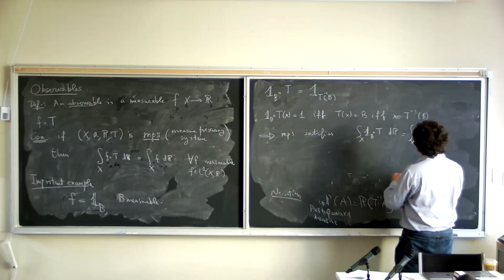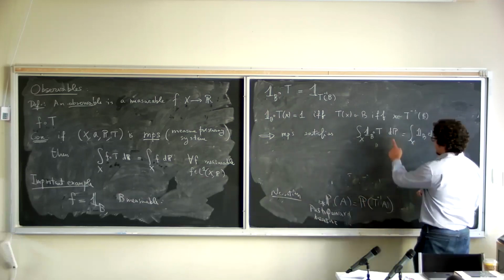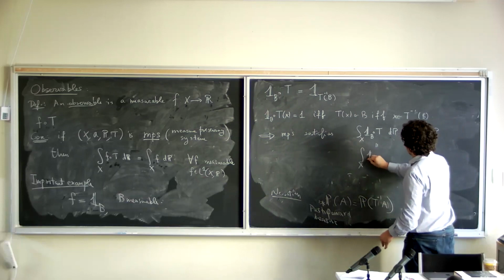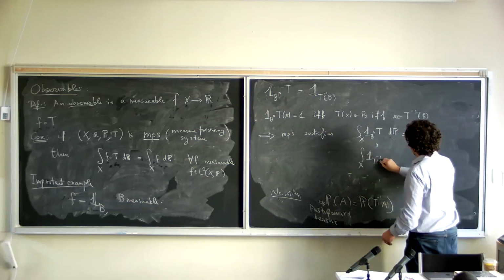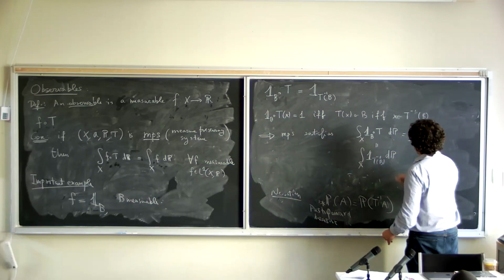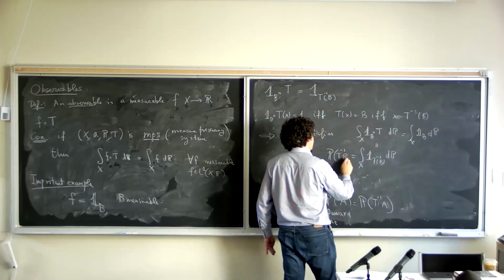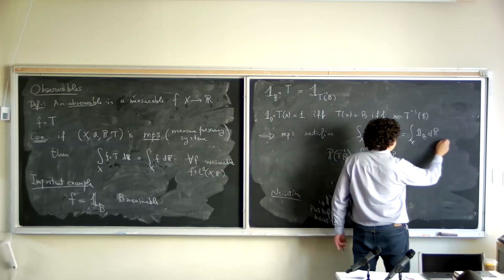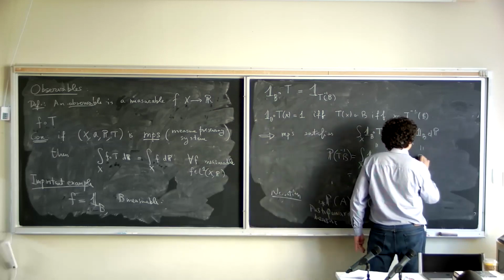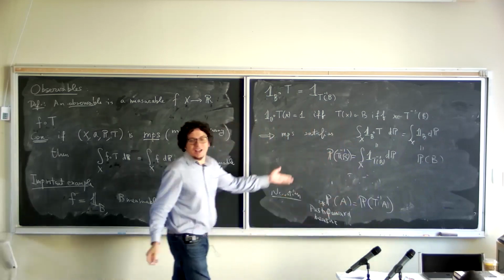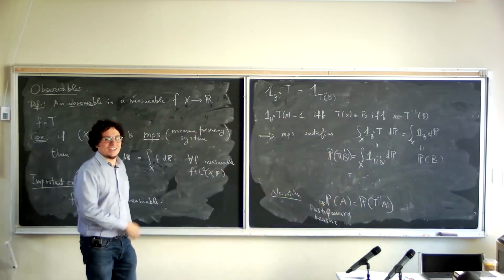And in fact, if you write this down, this is the integral of the characteristic function of the inverse of B, so this is just the probability of the inverse of B. And on that side, this is just the probability of B. So we go back to the definition of measure preserving.